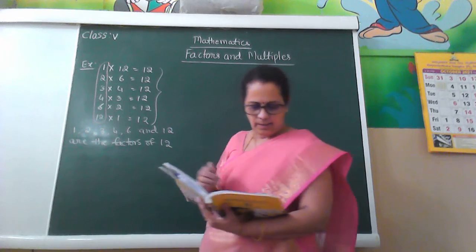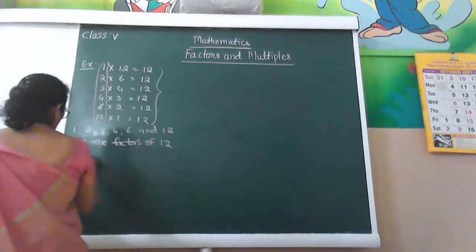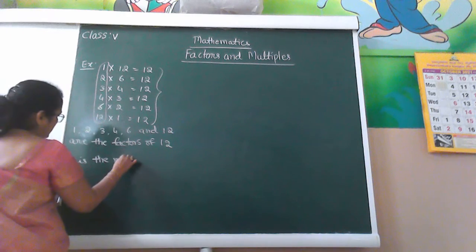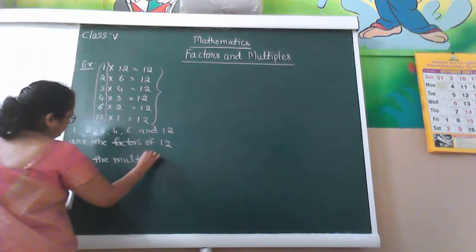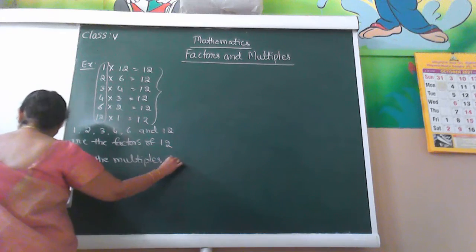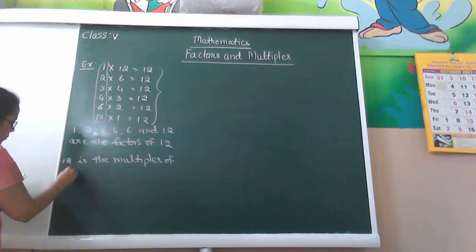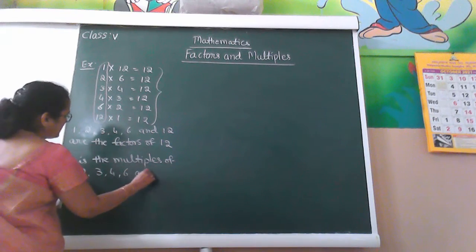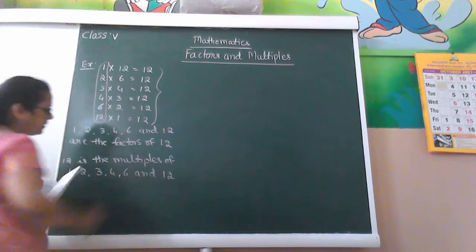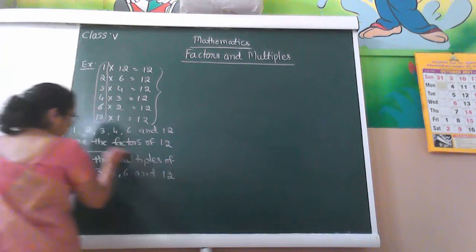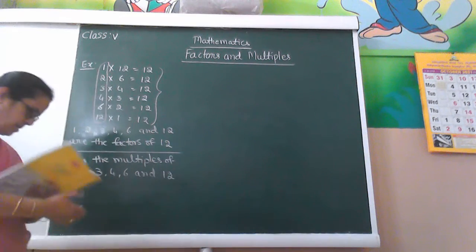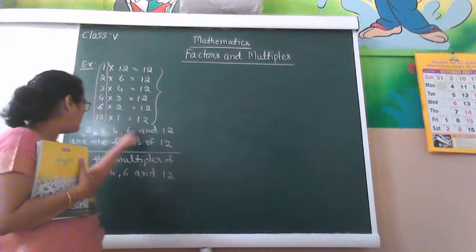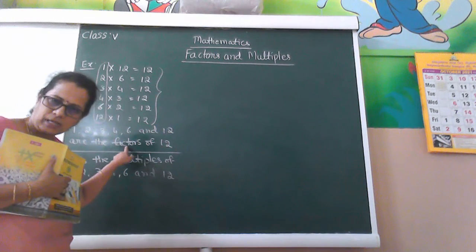Here, 12 is the multiple of the same numbers, 1, 2, 3, 4, 6 and 12. See here, 1, 2, 3, 4, 6 and 12 are the factors of 12.